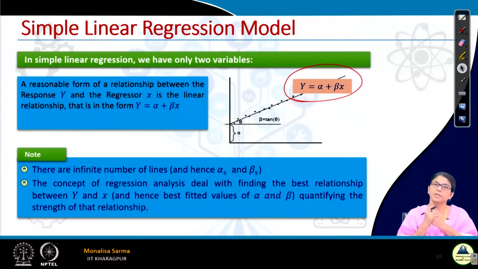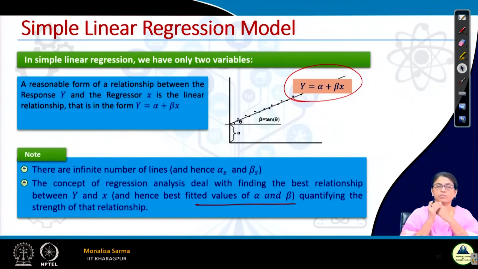Okay, so when we have infinite lines, it means there will be different values of alpha and different values of beta. So now the concept of regression analysis is that it deals with finding the best relationship between y and x. There are infinite lines, we have to find out the best line that connects y and x, that gives the relationship between y and x, and hence the best fitted values of alpha and beta.